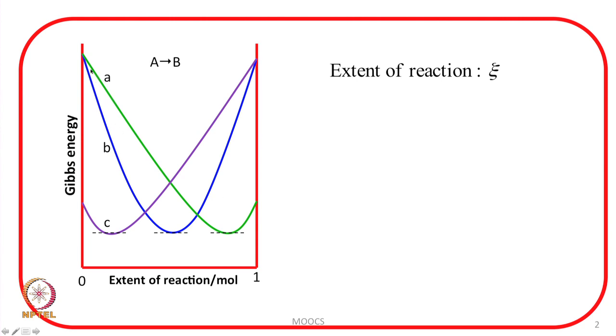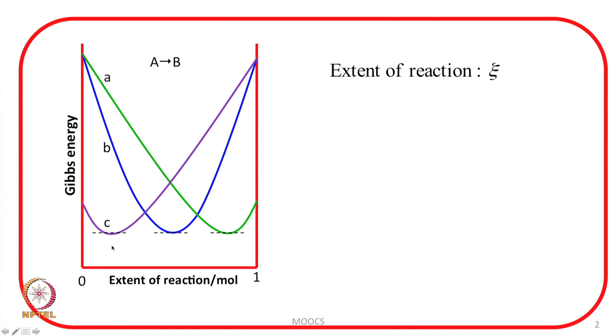The total Gibbs energy decreases and finally it reaches corresponding to pure B. Xi is equal to 0 means pure A, xi is equal to 1 means 1 mole of A has been converted to B.